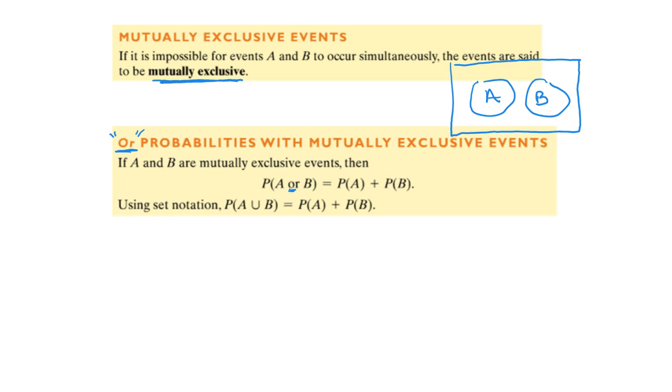Using the word or, remember, or back in set notation is the same thing as union. So if we're taking the union of both sets, we're still going to take the probability of A plus the probability of B.